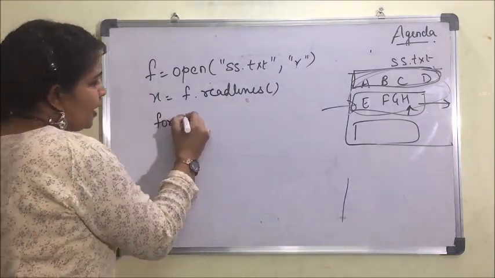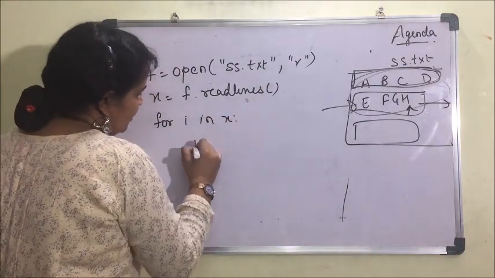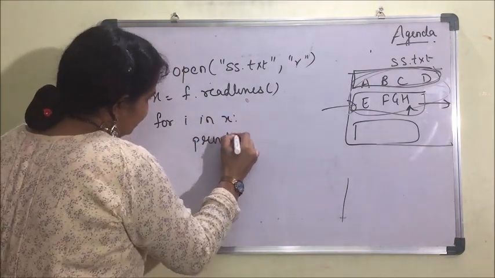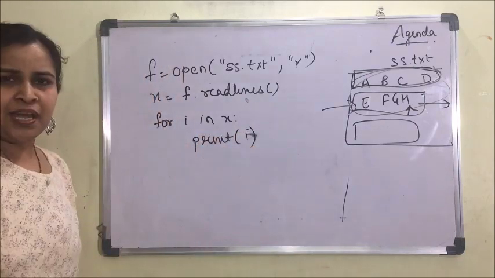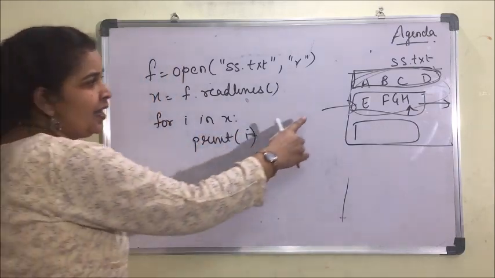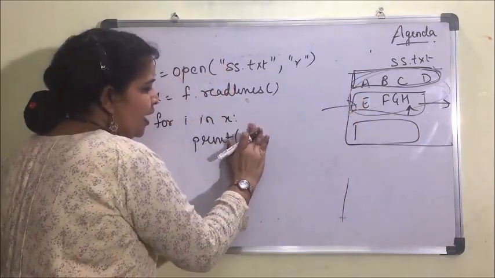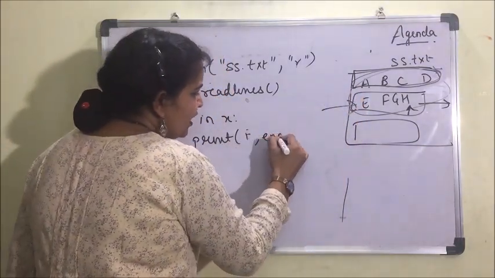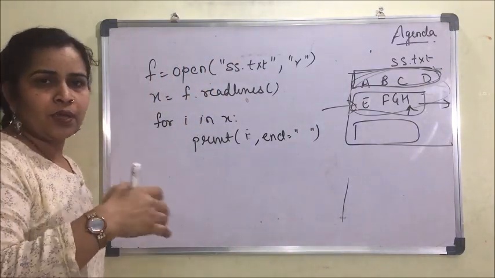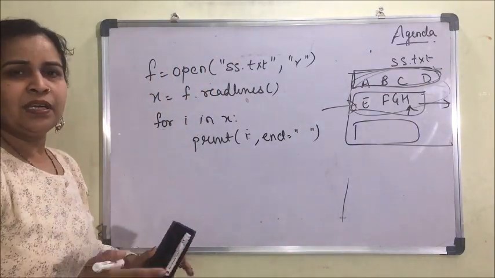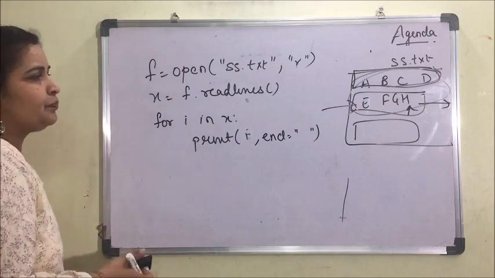For i in X, print i. So it will access each and every element of the list and print it in this form. And in this also you have to use end is equal to space. In this way you can print each and every line on the screen.